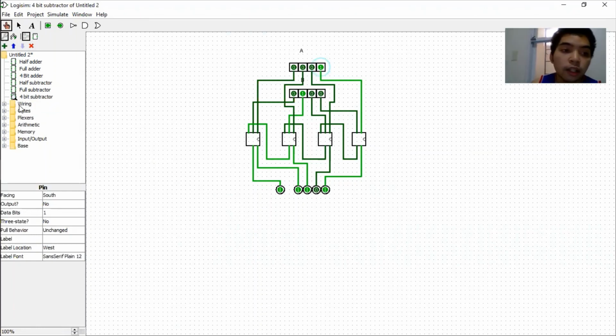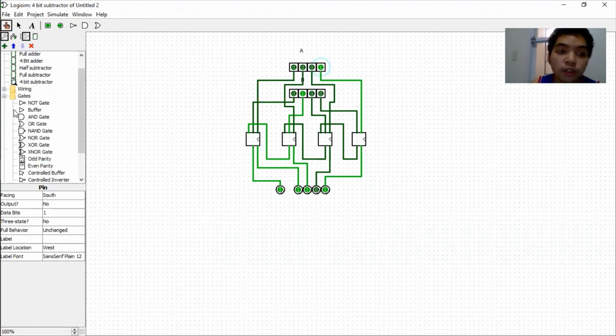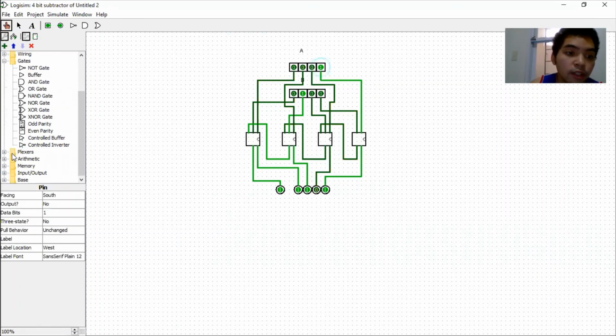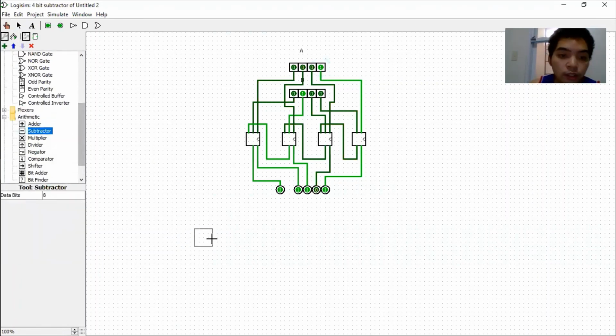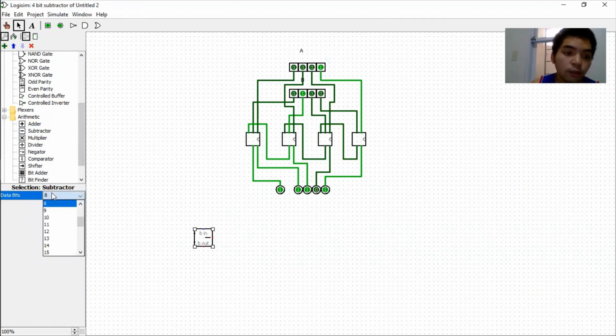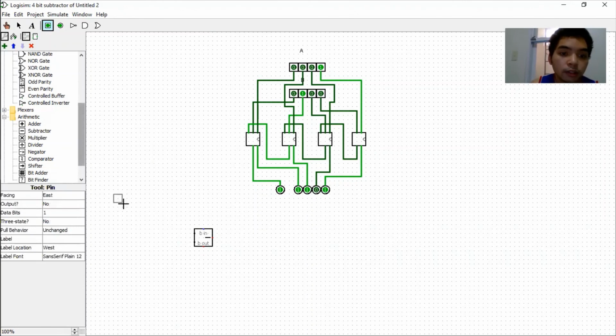Another simpler way to do this in Logisim is by using this arithmetic IC, the subtractor. Okay, so we need to have the 4-bit. Here's the 4-bit. Output.